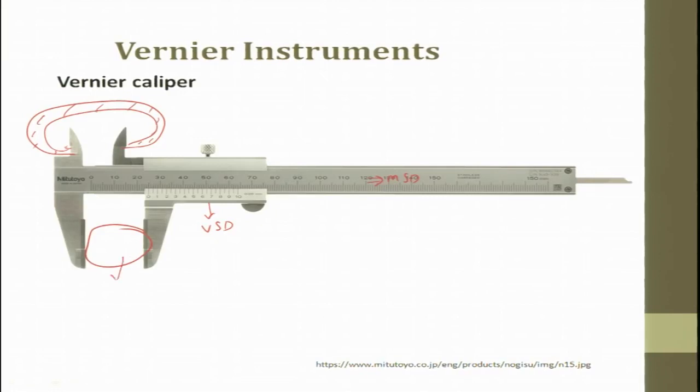First we slide this across the main scale division and see the value for 0, so that we know the millimeter. Then we match the graduation on the vernier with the graduation on the main scale division. The moment one of these graduations meet, we take this, then we add this, and then we take the vernier scale division.